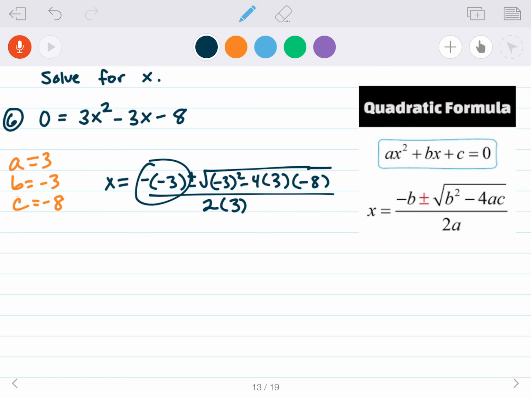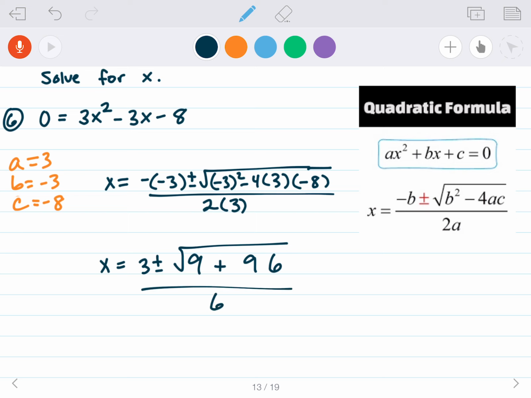Cleaning up the outside, these double negatives make a positive 3. On the inside, negative 3 squared is a positive 9. A negative 4 times a positive 3 times a negative 8 is going to be what? Negative 4, positive 3, negative 8 is going to be a positive 96.